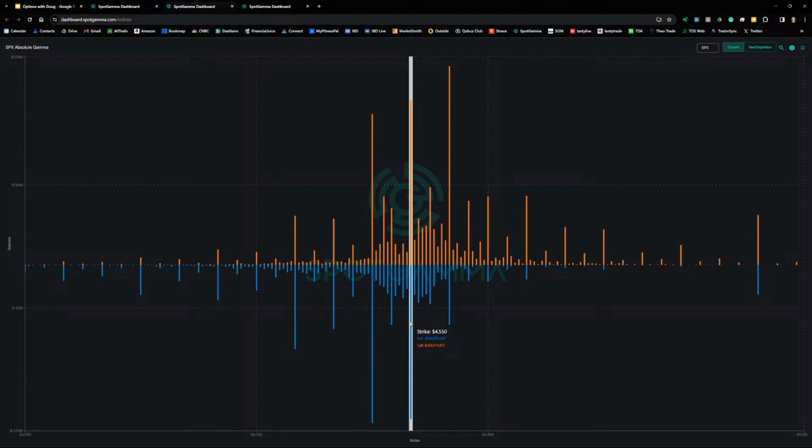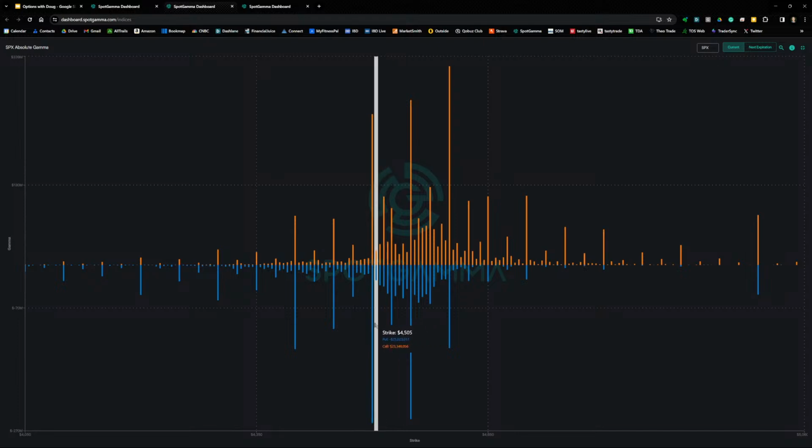So there really is not much relationship between the absolute gamma and the zero gamma level. So this is the absolute gamma strike for SPX. Here's the call wall at 4,600. That's the strike with largest net positive gamma. So just take the gamma on the orange bar, subtract the gamma on the put bar, come up with the largest net positive gamma.